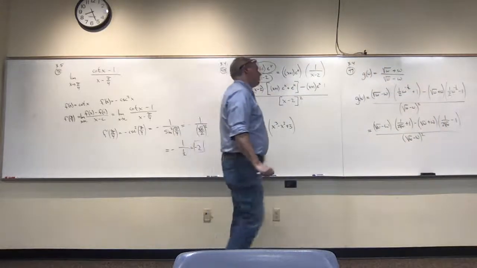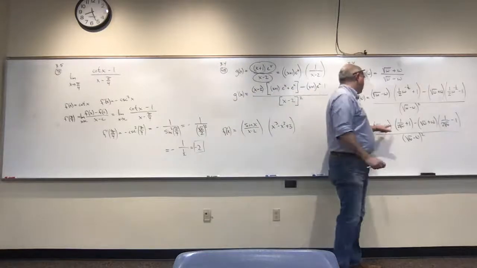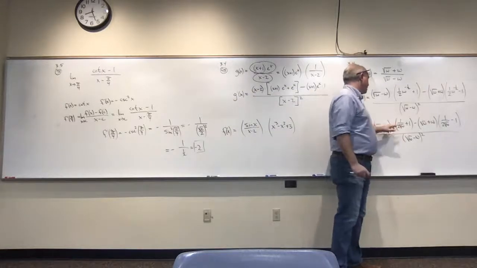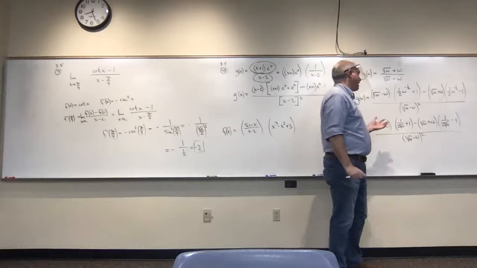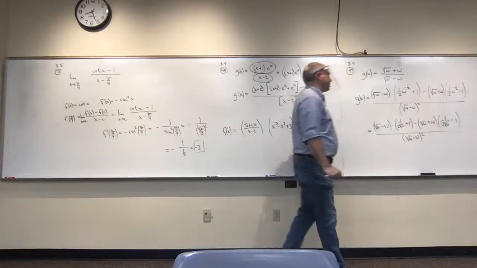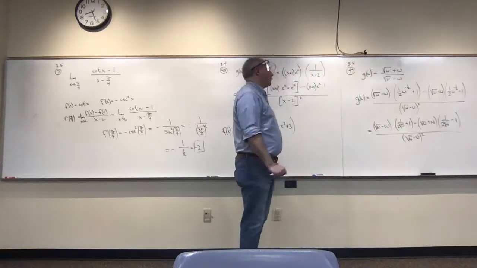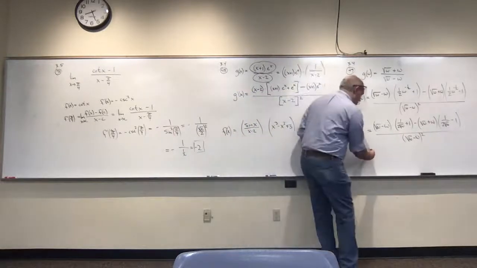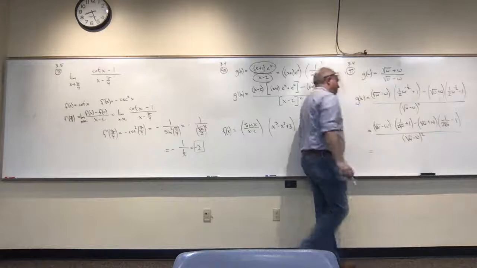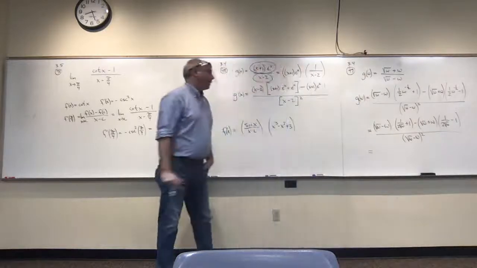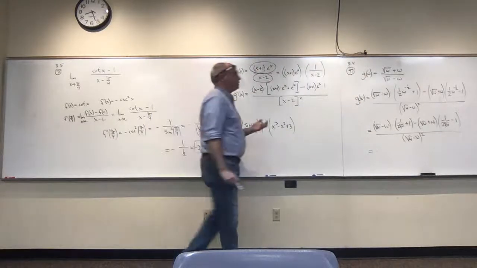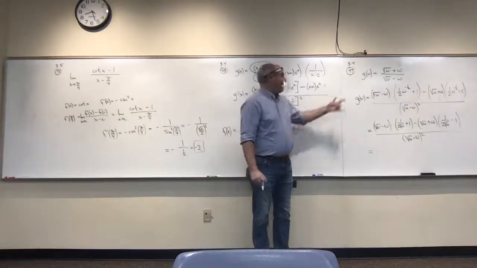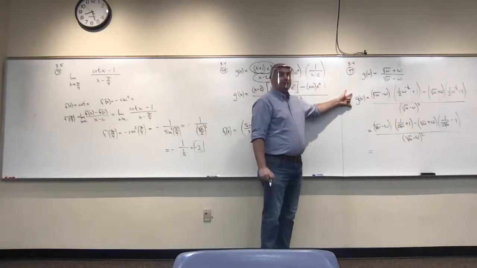Okay, if you start multiplying these things together, I think what you'll see is that some nice things happen. There might even be some cancellation at the end, and it might get kind of nice. So if you wanted to simplify this more, you certainly could. And I'll let you try it if you would like. But like I said, if you were doing this on an exam, I would just want you to leave it right here.